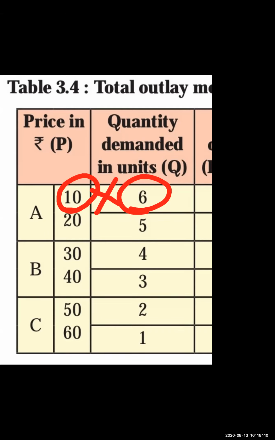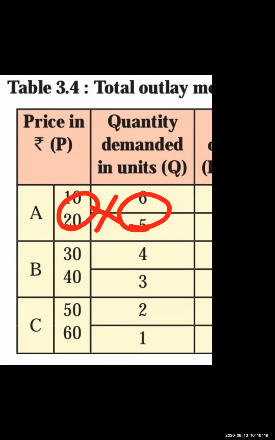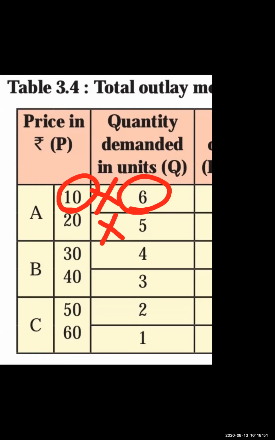When the price increased to 20, quantity demanded decreased from 6 to 5. So when you multiply, it is 100, compared with 60. Is your new expenditure more or less than the original one? Yes, Ojas, exactly correct.